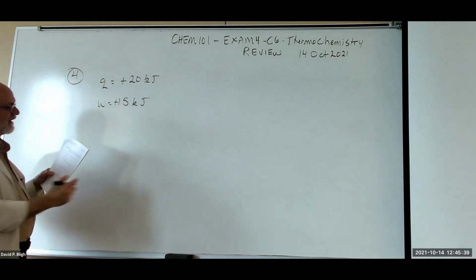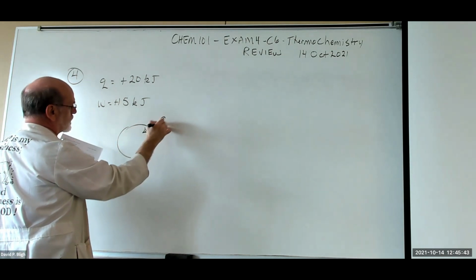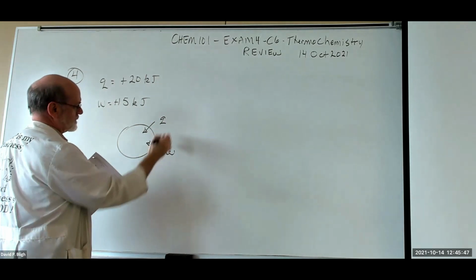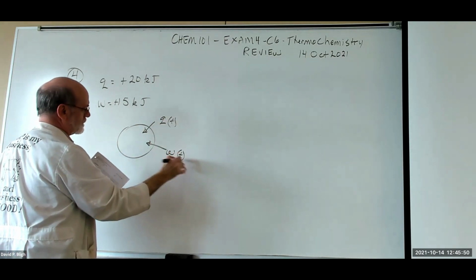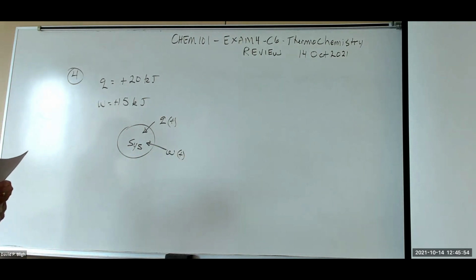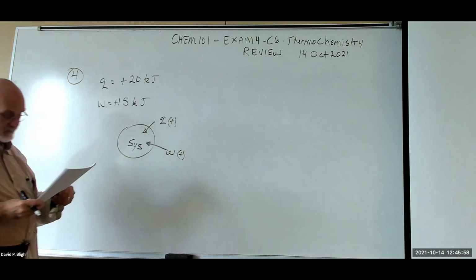Well, let's see. That means both of them are being added to the system because they're both positive. Heat flows from the system to the surroundings. No, it's the other way around. So it can't be A.